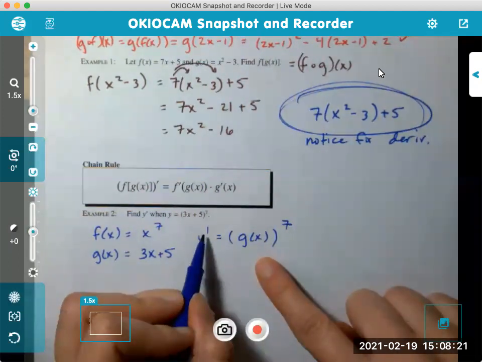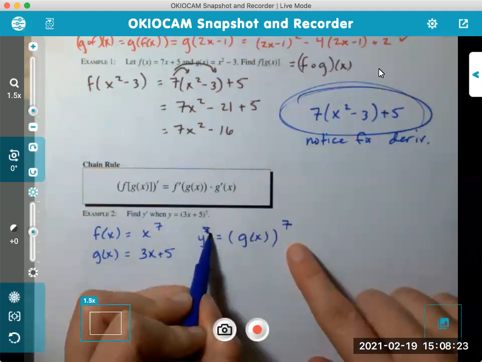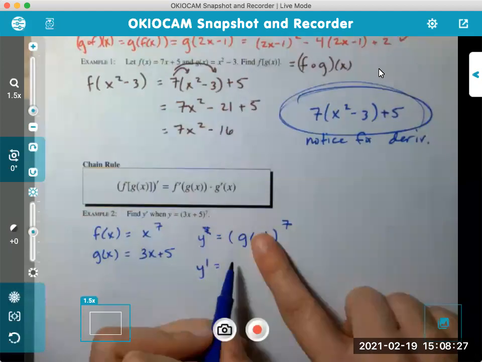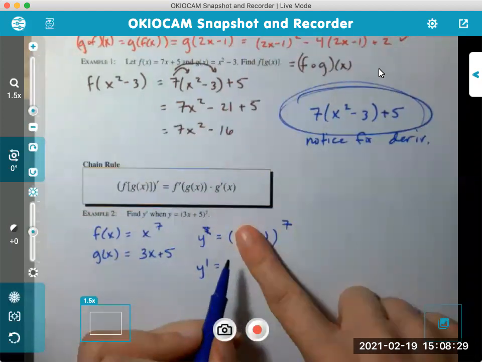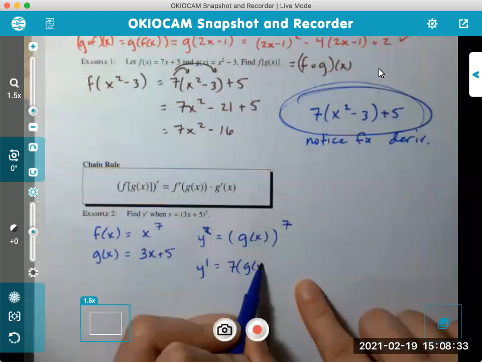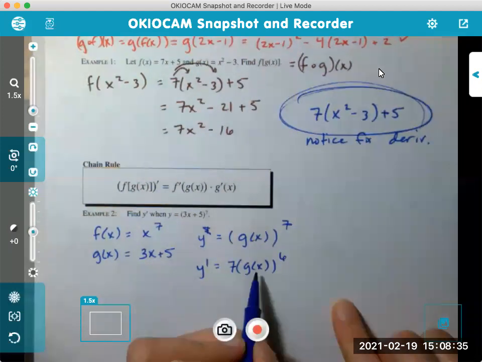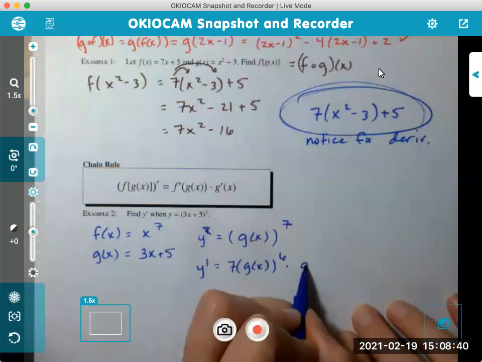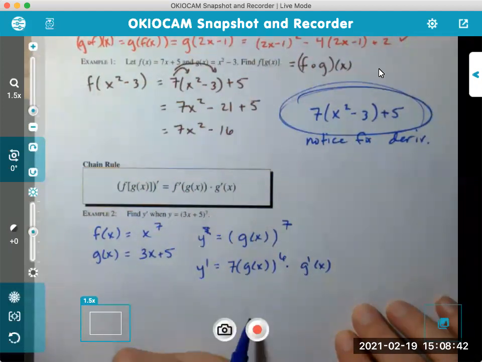Well, this is just y. To find y prime, if I'm looking at it like this, it's just power rule, right? Because you're only dealing with the outside stuff first. So that's 7 times g of x raised to the 6th. So that's this first part. Now times the derivative of g of x.